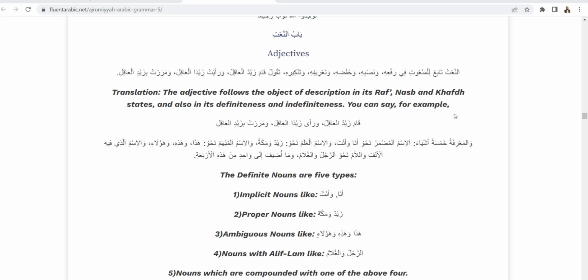On the other hand, inna and akhawatuha make the ism in the state of what? Nasb. And the khabar is marfu', raf'. Very good. What about dhanna wa akhawatuha? It affects both of them, giving nasb to both mubtada and khabar. Very good.